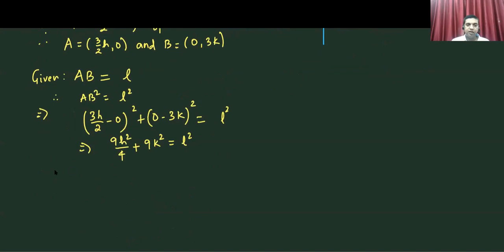Therefore, 9 can be brought to this side. The locus of P(h, k), replacing h by x and k by y, is x square by 4 plus y square is equal to L square by 9.